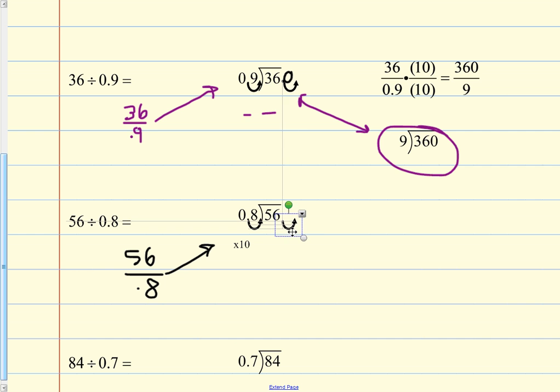Oh, but wait, there's no decimal point there. Oh, but there is a decimal point, right? It's really 56 point. So now what do I do? Build it to higher terms by 10, and it becomes 560, because I have taken that decimal point and moved it over. So my new problem is 560 divided by 8, which is 70.